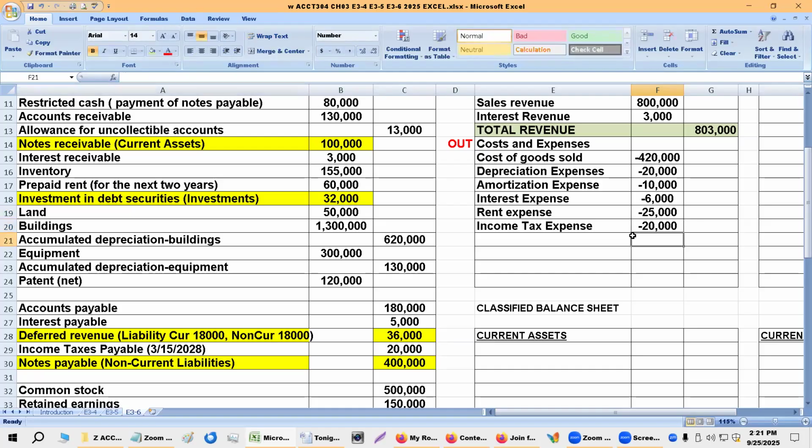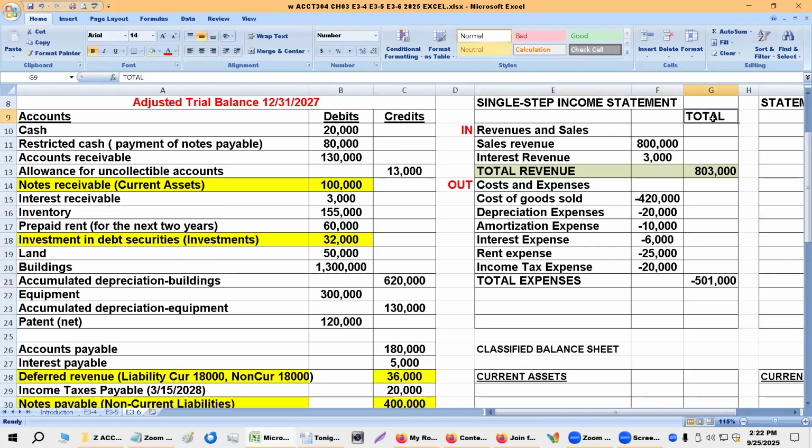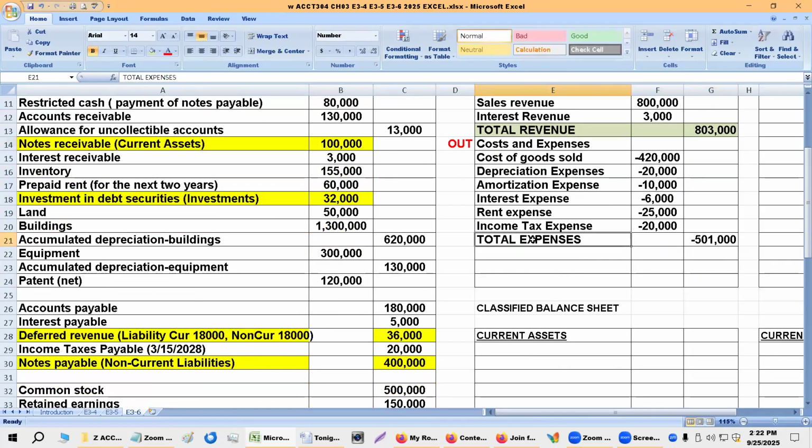So these are the total expenses. And again, this is a single step. And let's make those orange. And so this will give us our net income.